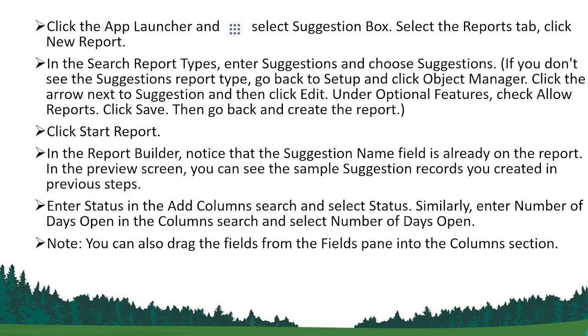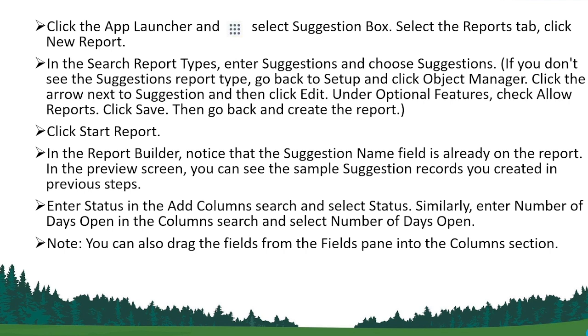You are selecting any of the suggestions from there when you click the report type. Then you go back to the setup, and then you click on the object manager. Then the arrow will appear next to the suggestion, and you click on the edit option for editing your report type.